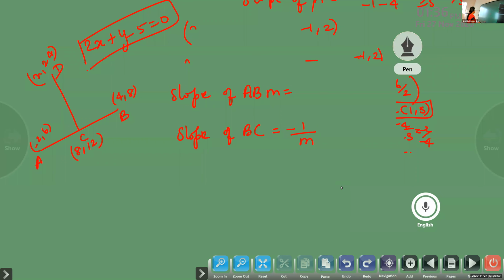So what is the slope of AB? Gauri, what is the slope of AB? 1 by 3. Slope of CD.